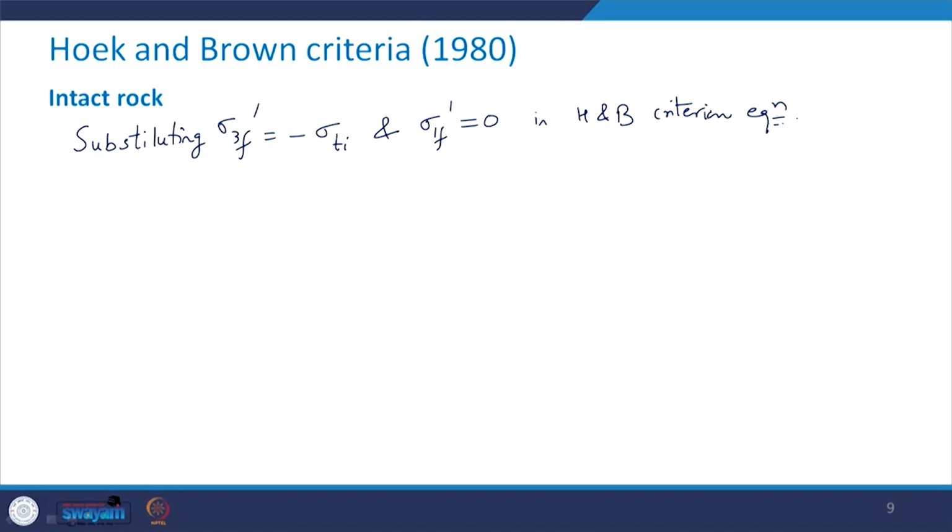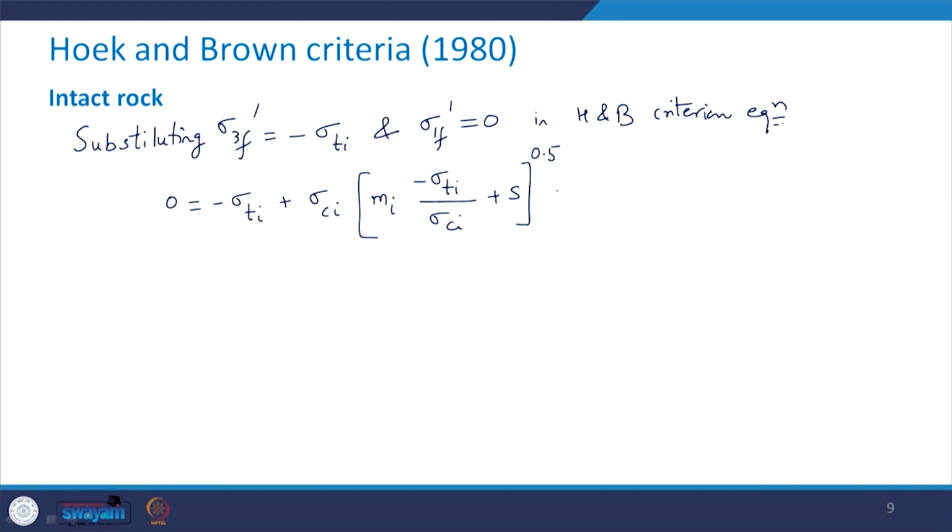So, what we are going to get is, take a look: 0 equals minus sigma ti plus sigma ci times the square root of (mi times minus sigma ti divided by sigma ci, plus s).